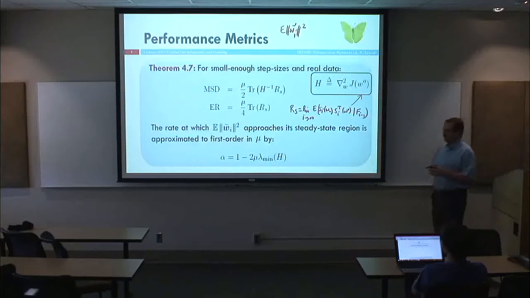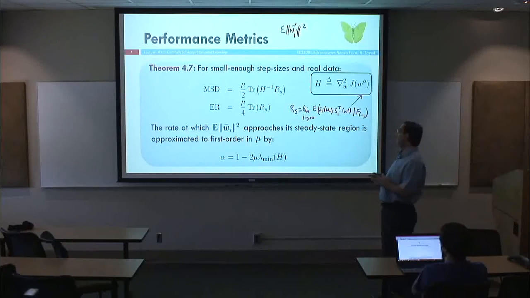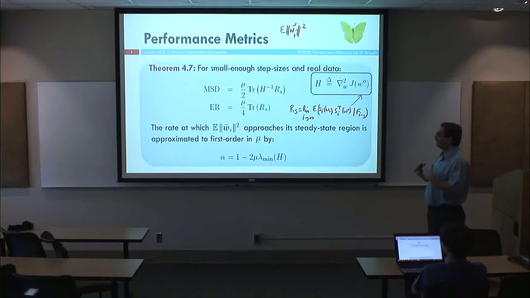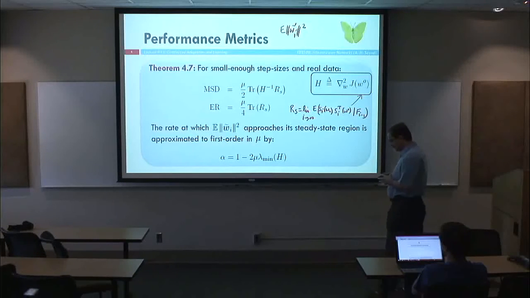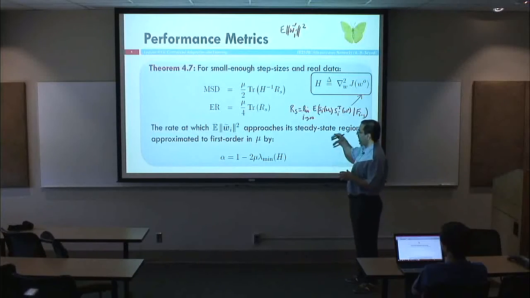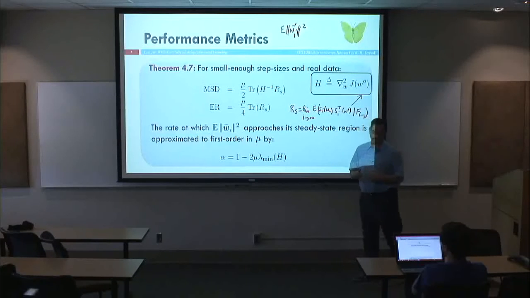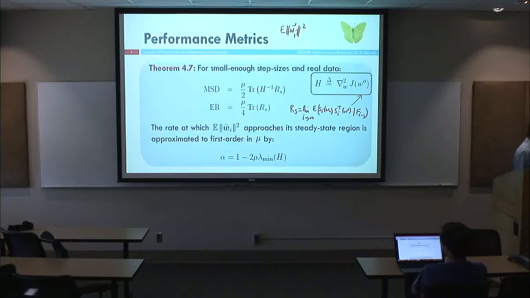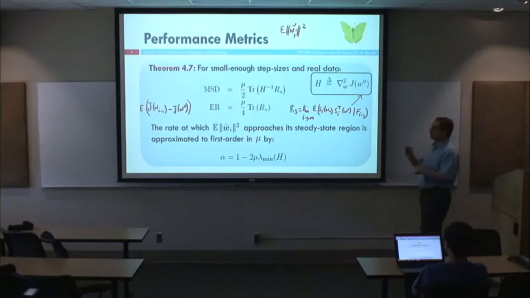I mentioned to you earlier that these two parameters, H and R_s, are critical in characterizing the behavior of stochastic gradient algorithms. The first measure is the mean square deviation, and the second measure is the excess risk, which measures how far the cost is from the minimum cost on average in steady state. These are the expressions.